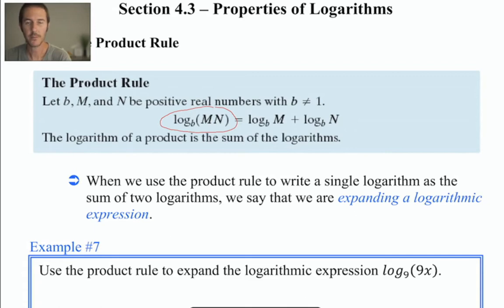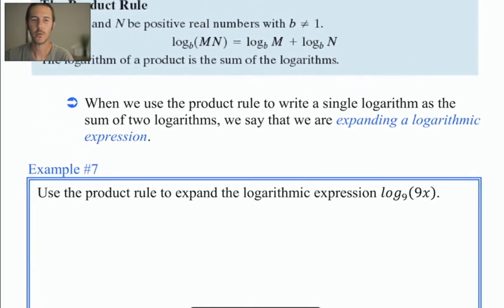You'll notice that on the left and right hand sides of the equation, we have a base of b in all three of these logs, one on the left, two on the right. And on the right, the new logarithms are separated by a plus sign. So it's as though multiplication, which is a product, turns into addition in a way.